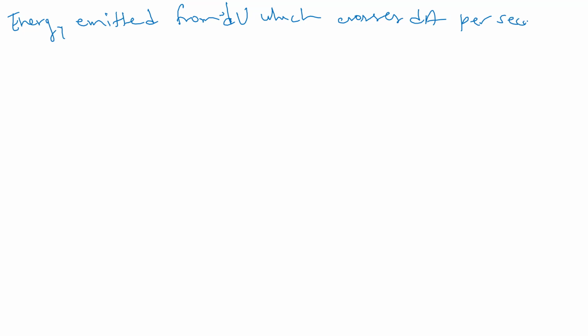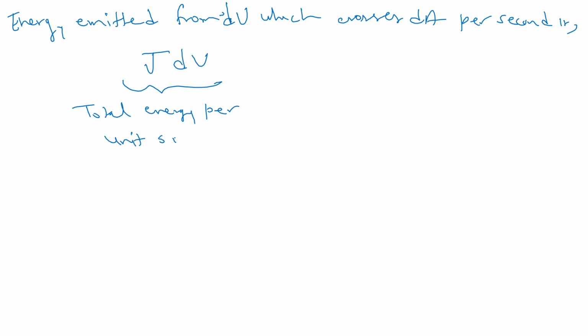So the energy emitted from dV which crosses dA per second will be the multiplication of J dV, which is nothing but the total energy per unit solid angle.